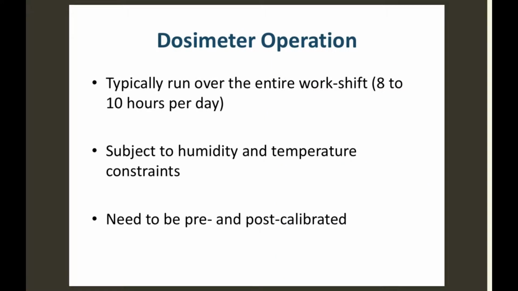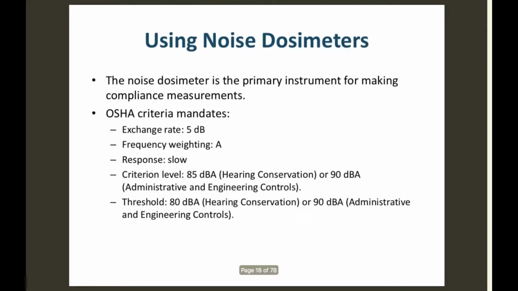Okay. So dosimeters. Typically, for the permissible exposure limit, you're working with a typical 8-hour workplace exposure. You want to record other environmental characteristics, your temperature, humidity, and so on. They need to be pre- and post-calibrated, as I said, before and after you use it.